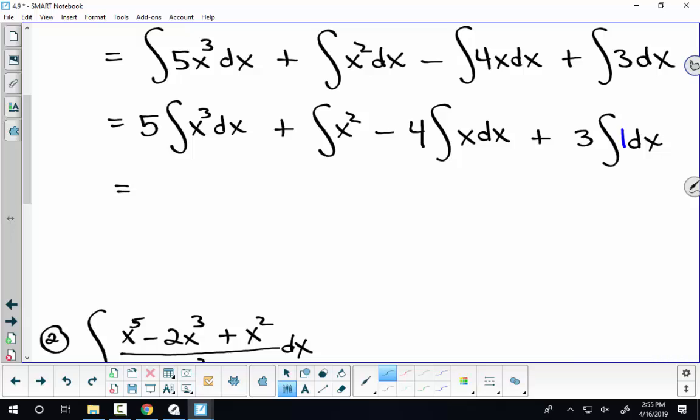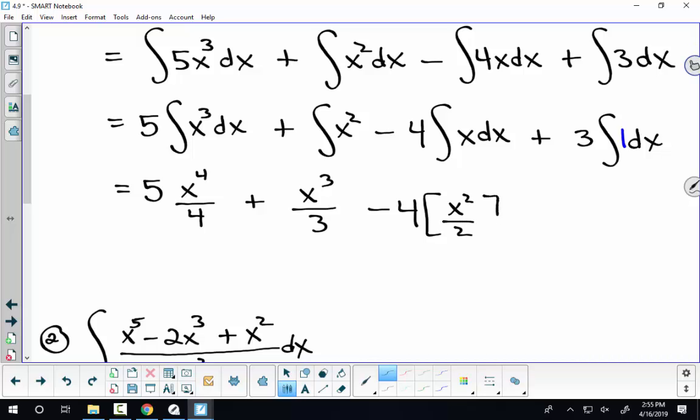This is 5 times, the antiderivative of x cubed is x to the 4th over 4. Antiderivative of x squared, x cubed over 3. Minus 4 times, what's the antiderivative of x? x squared over 2, plus 3 times, what's the antiderivative of 1? x.